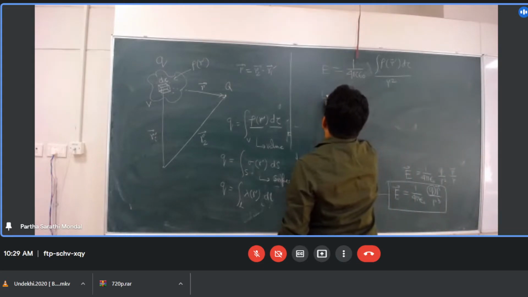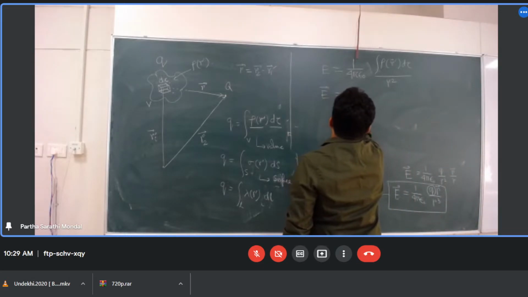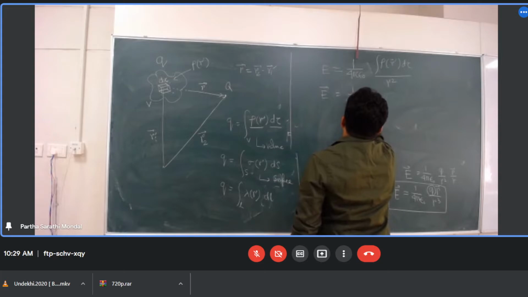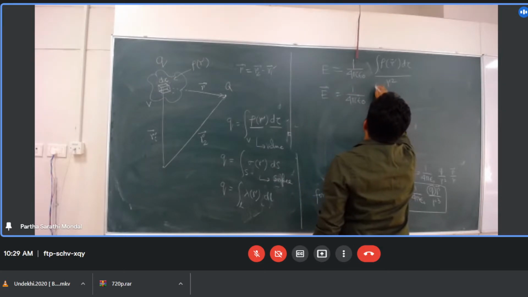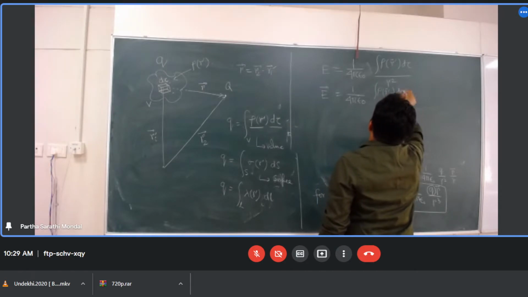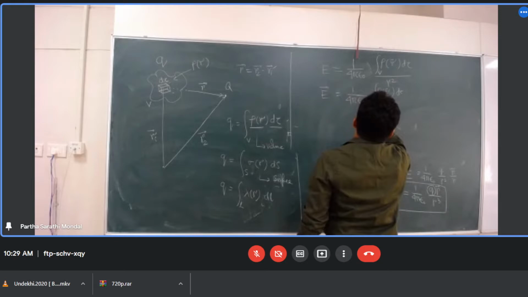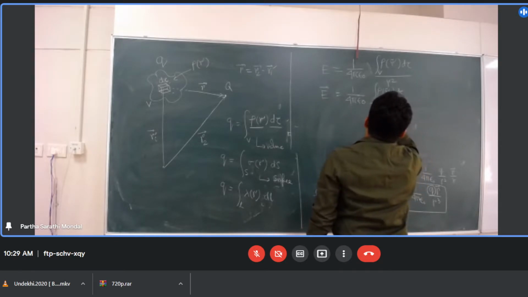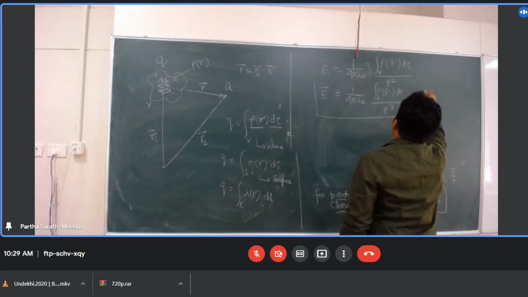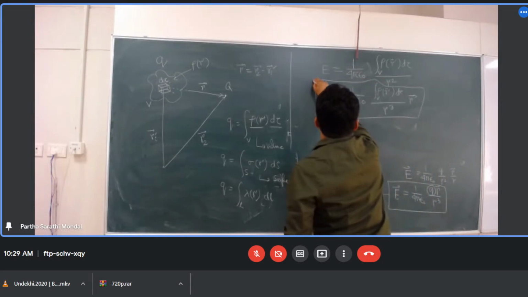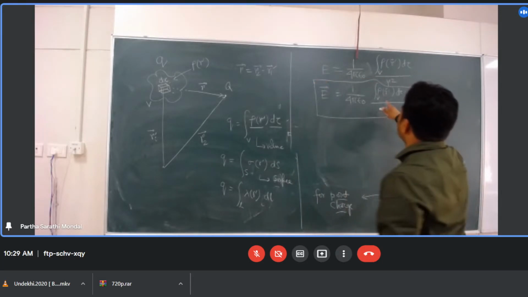So now if I want to write this one in vector form, 1 by 4 pi epsilon 0, फिर integration rho r dot theta over the whole volume divided by r cube into r. So this is the vector form of electric field for volume charge distribution.